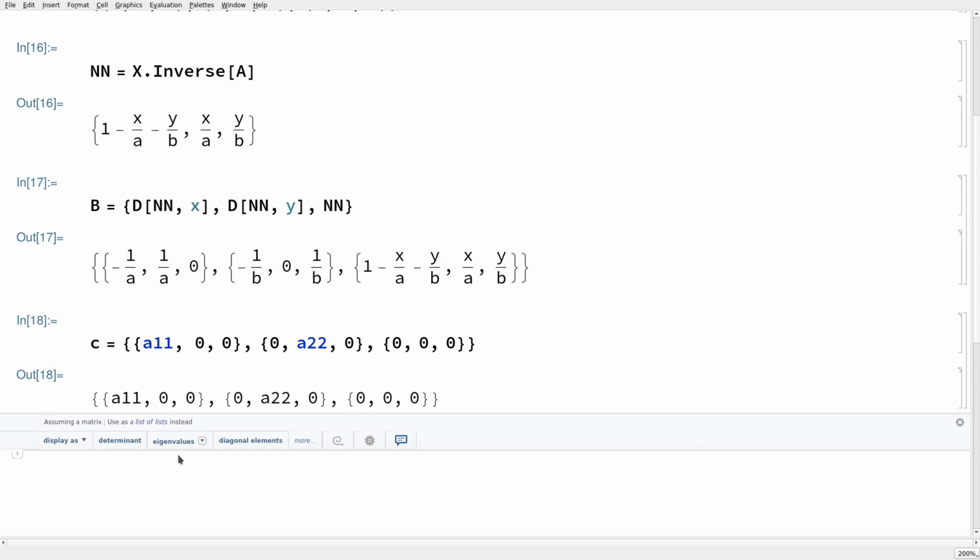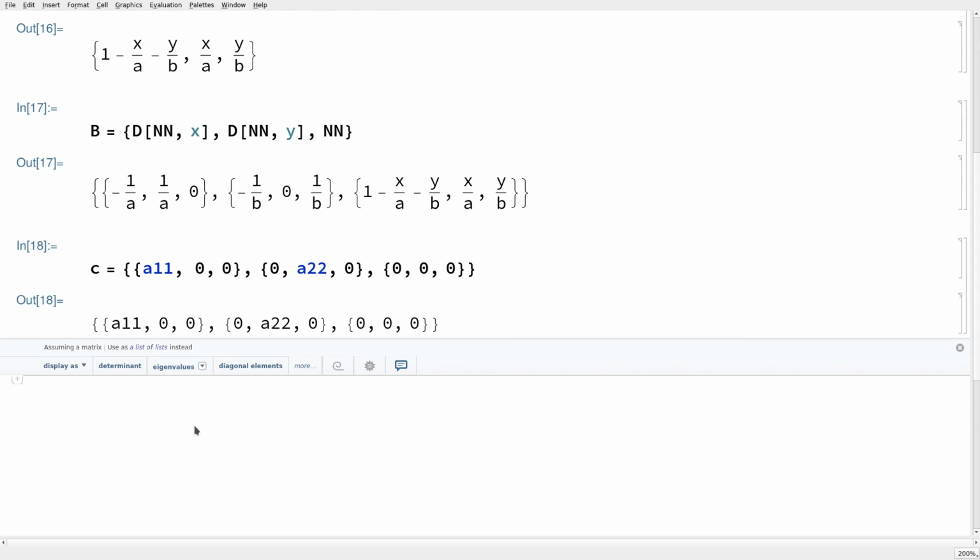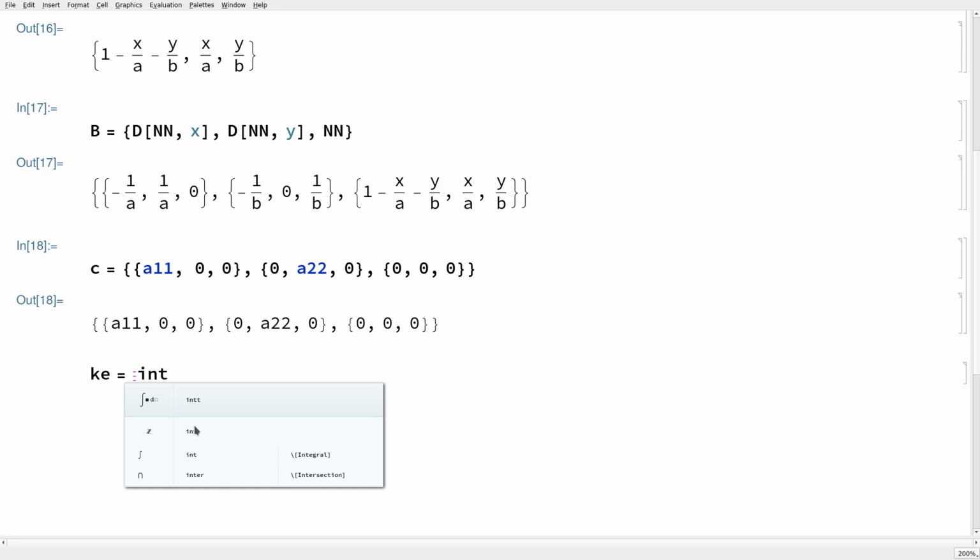Okay. So then my element stiffness matrix is going to be the integral, it'll be a double integral, right?